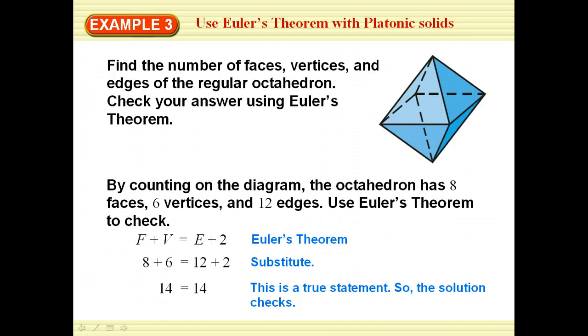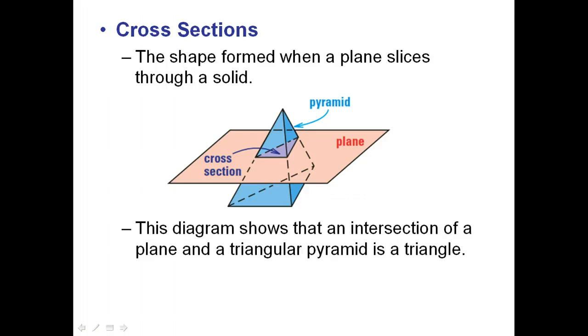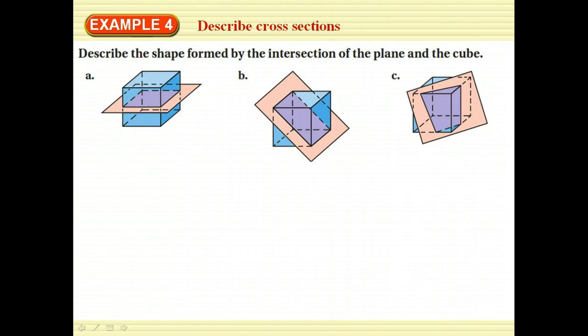This checks. Cross sections. A cross section is a shape formed when a plane slices through a solid. So what I've got here is an intersection of a plane and a triangular pyramid, and when I slice across, here is my cross section, and you can see that it forms a triangle. If I make a cross section of this cube, I'm going to get a square.